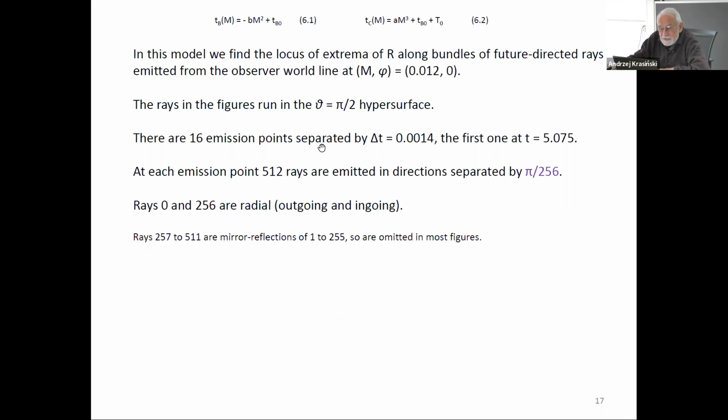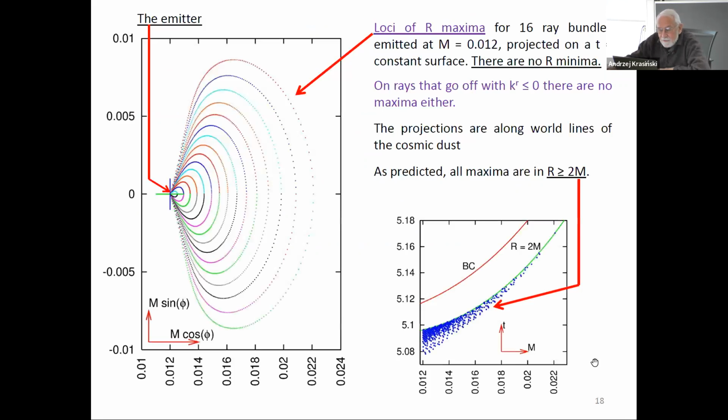There will be 16 emission points, and at each emission point there will be 512 rays emitted in regularly spaced directions all around. Rays number 0 and 256 are radial, all others are non-radial. Okay, and so this is the graph of the points of maxima of R for this combination of rays that I told you about a moment ago.